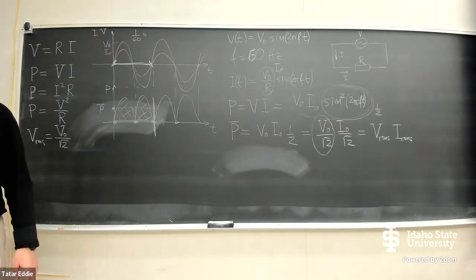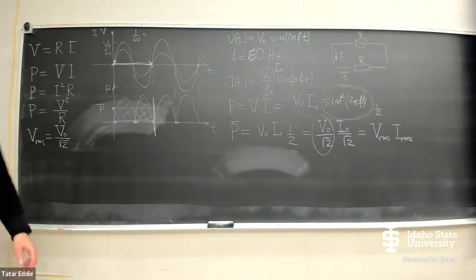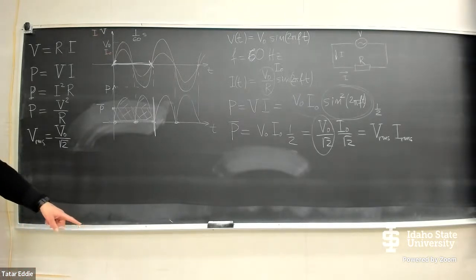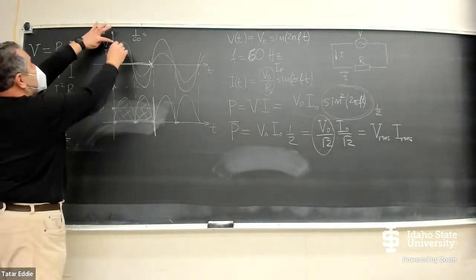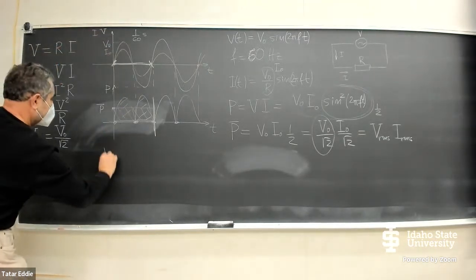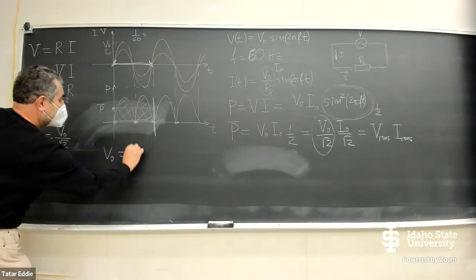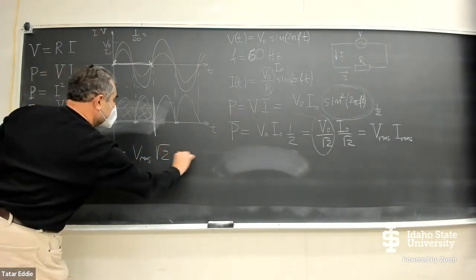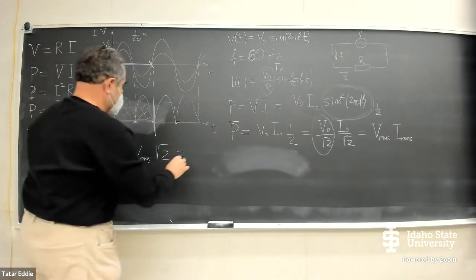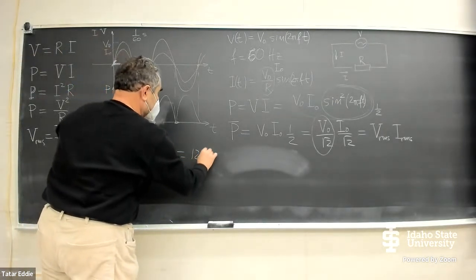The max, wouldn't it? Actually, it is RMS. So the RMS value of the voltage is 120. The voltage amplitude, this maximum value, is V RMS multiplied by square root of 2. And V RMS we say is 120.